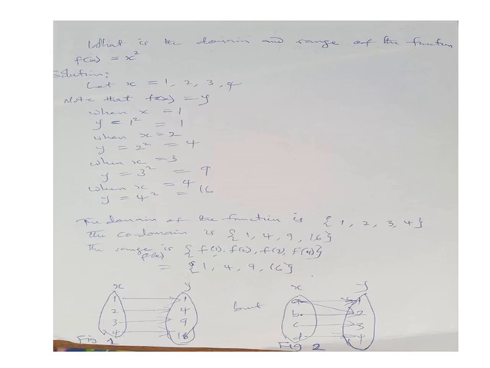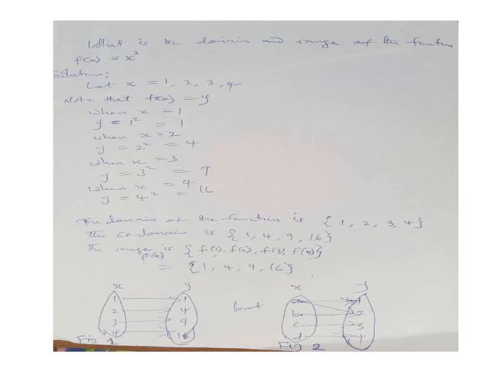And the range, from the definition, is a subset of B. That is, it consists of all images of members in B. So therefore, the range here is also 1, 4, 9, and 16. And let us look at figure 1 and figure 2, because we may be referring to them when we are explaining other functions.